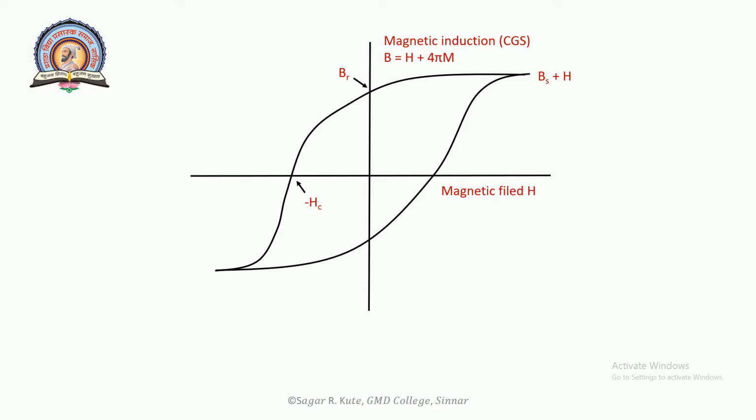The remanence Br is the value of B at H equal to 0. The saturation induction Bs is the limit of B minus H at large H. The saturation magnetization Ms is equal to Bs upon 4 pi. In SI, the vertical axis is B equal to mu 0 H plus M.